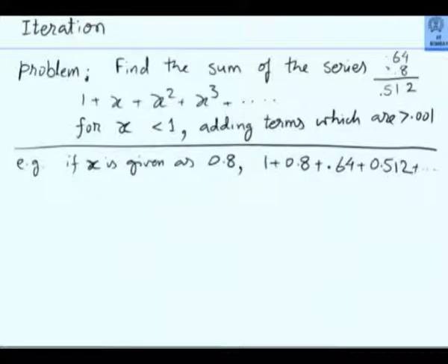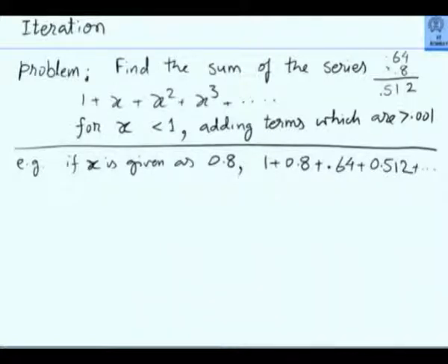So now if I start with 1 and then keep adding new terms to the sum, the new term is equal to the old term multiplied by x. If the old term is 1, the new term will be x. Next time, the new term should become the old term and this should be multiplied by x. So if I say term is equal to term multiplied by x, every time I recalculate it, it will keep growing.